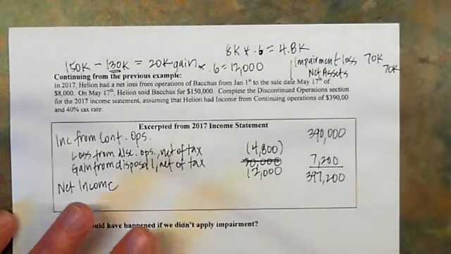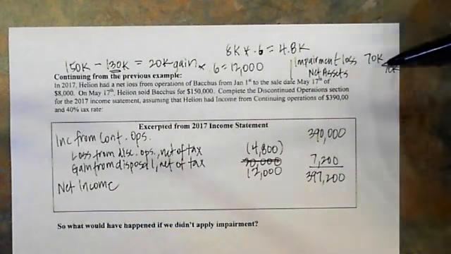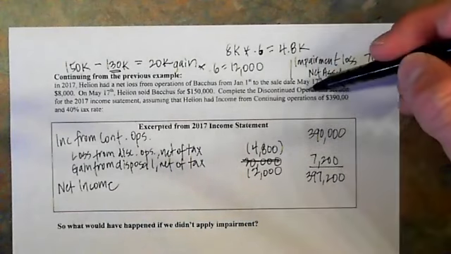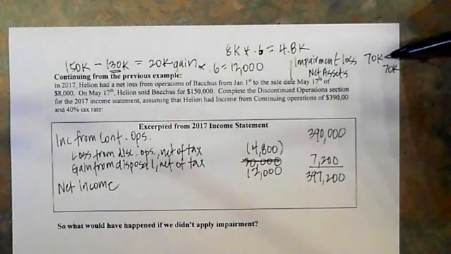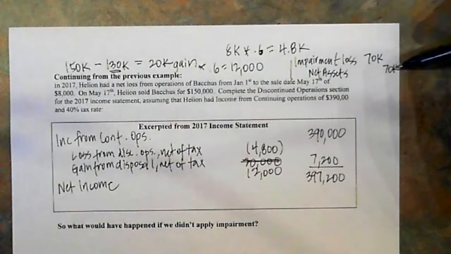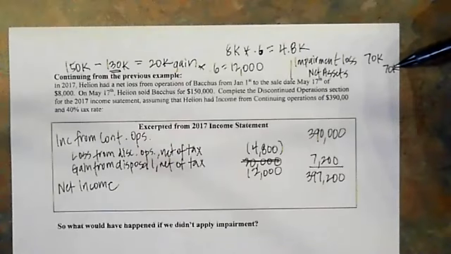So we reduced the net assets of the discontinued division by $70K. And that's why it sticks around to the next year. This gets closed out like any other gain or loss, but this net assets is a real account of our discontinued operations, and it sticks around. And it went from $200,000 down to 130 because of this credit.